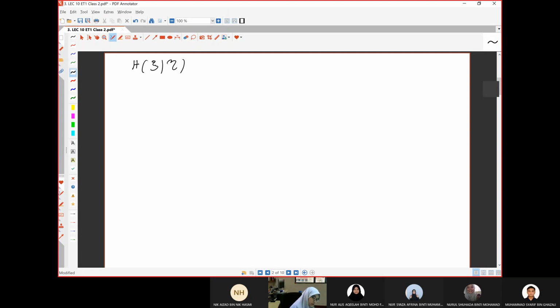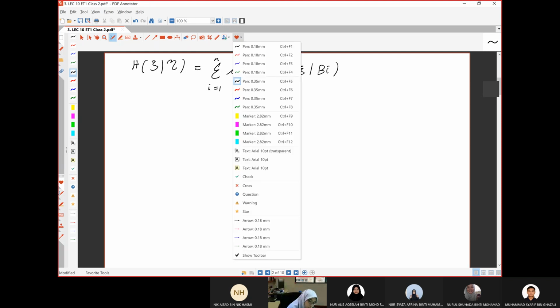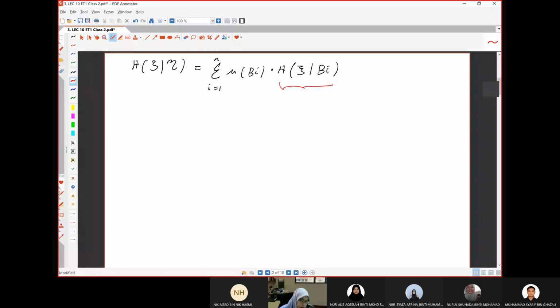So the average of the entropy is given by this formula: the sum of i from 1 until n, mu of B i, multiplied with the entropy of psi with respect to B i. And you need to find the entropy with respect to each element in eta, or in the second partition.